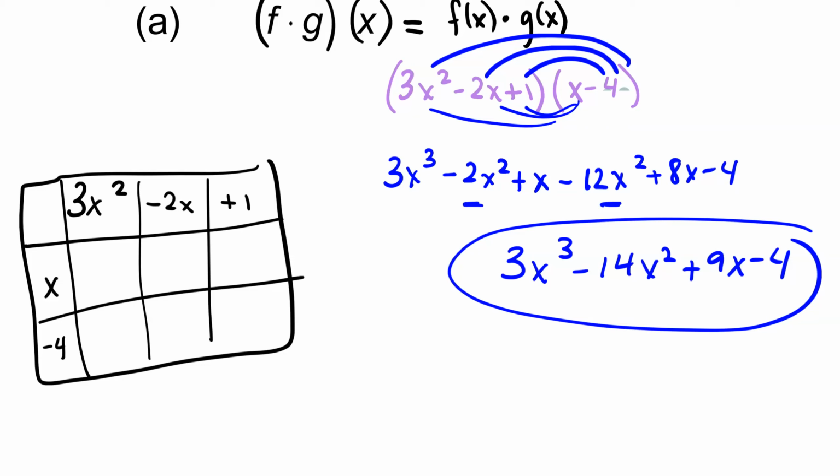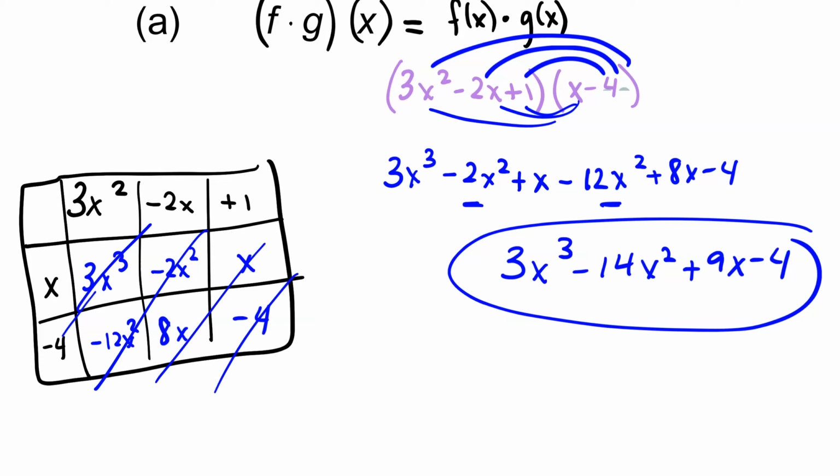So, if we multiply, we get 3x cubed minus 2x squared, positive x, negative 12x squared, because you're multiplying negative 4 and negative 2x, right? So you get positive 8x. And you add diagonally. So then we end up with 3x cubed, minus 12x plus 9 minus 4.